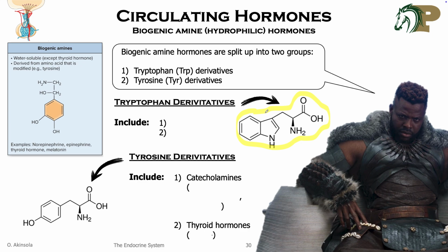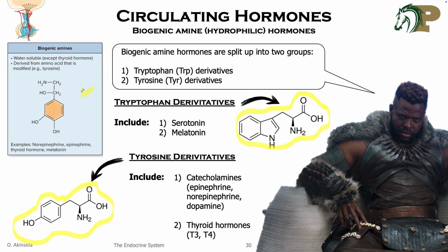Your tryptophan derivatives are going to be serotonin and melatonin. And then your tyrosine derivatives, this is tyrosine over here, are going to be your catecholamines. So epinephrine, norepinephrine, and dopamine are your main catecholamines. And then thyroid hormones, T3 and T4. So that is going to be your division for your biogenic amine or hydrophilic hormones.